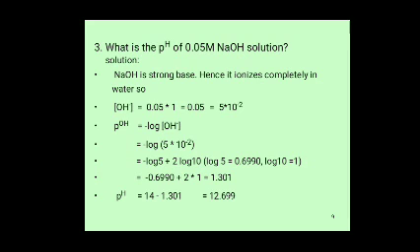Then you find the log 5 value 0.6990, log 10 value is equal to 1, so pOH is equal to 1.3010. Then pH is equal to 14 minus pOH, that is 14 minus 1.3010, which is equal to 12.6990.